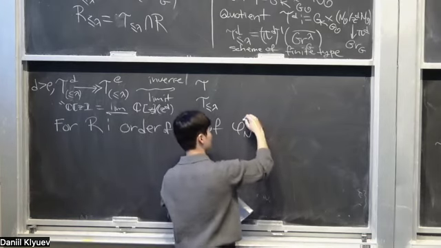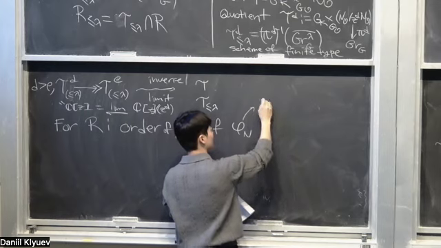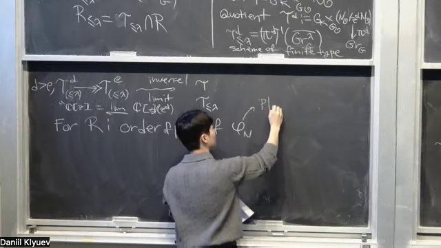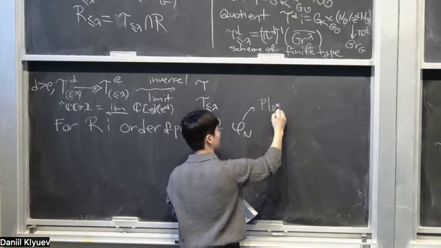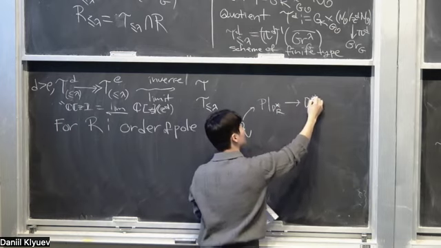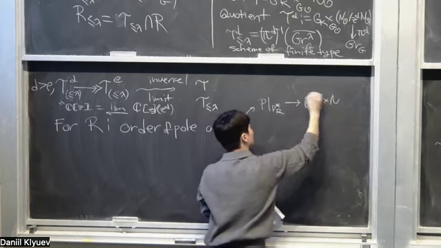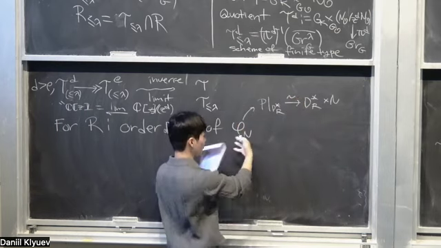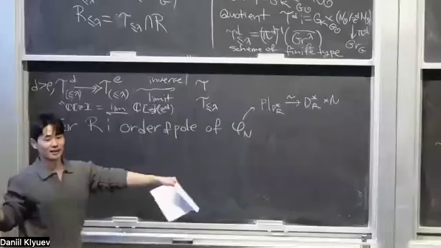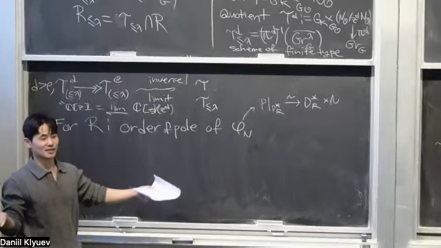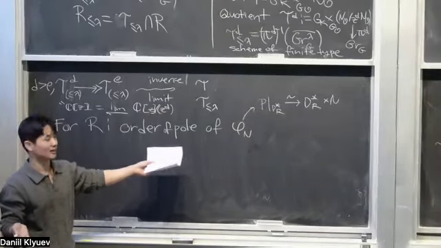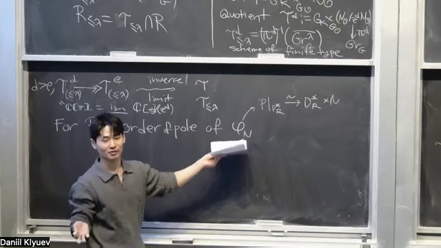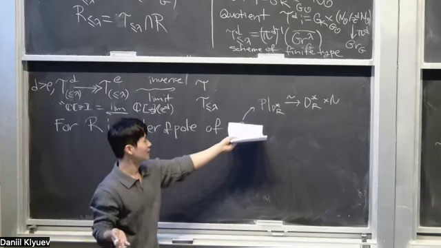So this was a trivialization of D star R, whatever. By order of pole, what I mean is what are the negative exponents of Z that occur if you write this vector bundle trivialization.